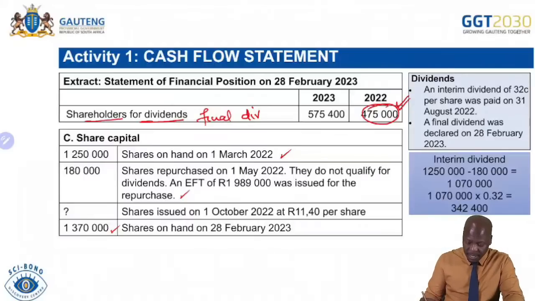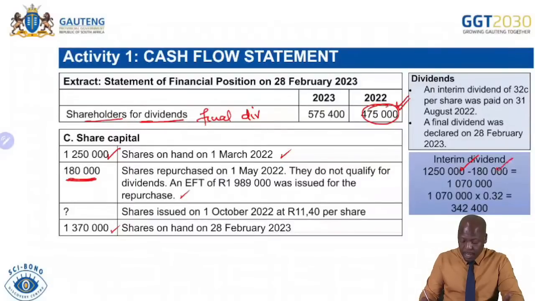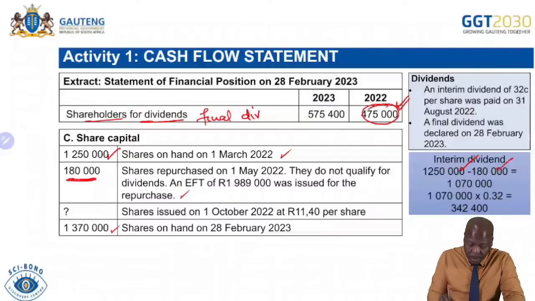To get the interim dividends, we will now say the number of shares that we were having at the beginning, which is 1,250,000. Then you have to remember that we have repurchased shares, which is 180,000. When shares are repurchased, we subtract them. The statement goes on to say they do not qualify for dividends.